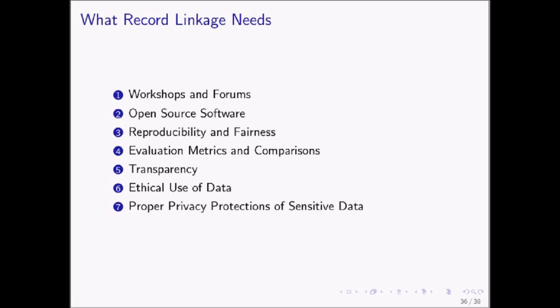I think comparisons are also really important. It's important to do lots of comparisons so you can understand how well a particular method is working and how robust it is. I think transparency is also incredibly important. It's important for academic and statistical agencies to be very transparent with their collaborators, colleagues, and also the general public about what they're producing and what they're doing.